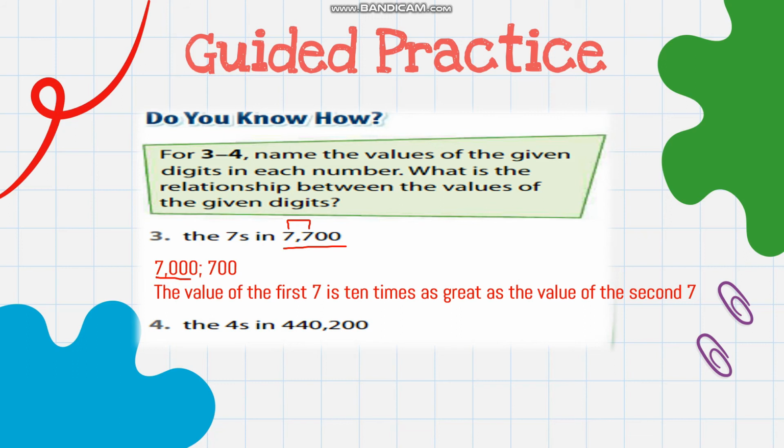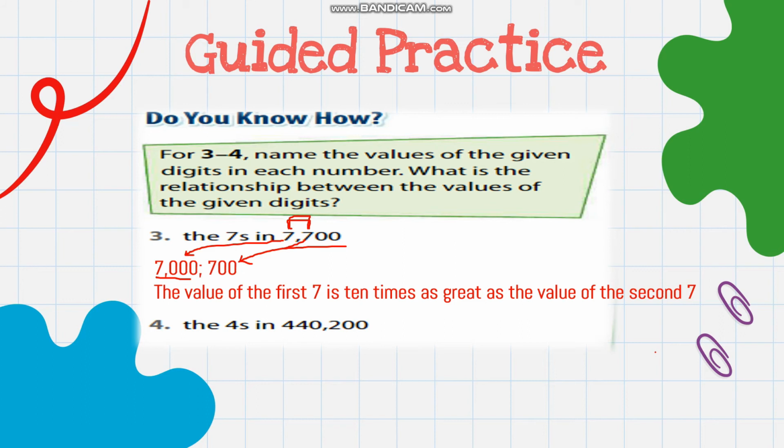And the value of the second digit is equivalent to 700 because it is in the hundreds place and 7 multiplied by 100 is 700. So the relationship, the value of the first 7 is 10 times as great as the value of the second 7 because they are next to each other and they are having the same digit.